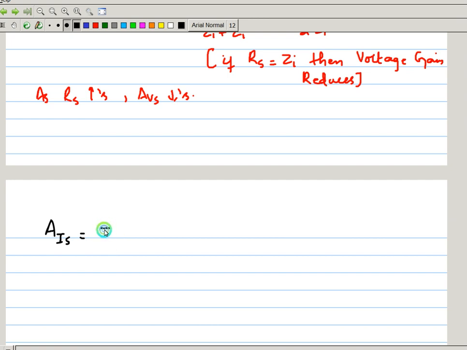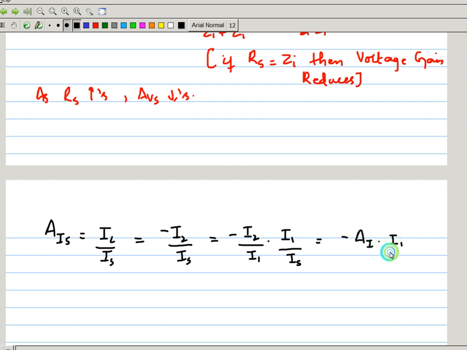AIS is simply IL by Is. It is minus I2 by Is. It can be minus I2 by I1, broken down as into I1 by Is. So we know that I2 by I1 we have already found is equal to AI.